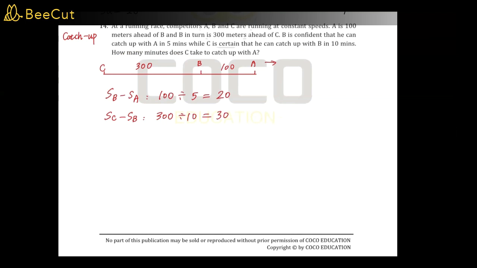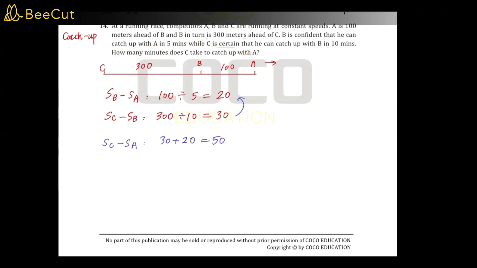So from these two, we know that speed of C minus the speed of A. This will be 30 plus 20. So C is 50 meters per minute faster than A. Now, the distance between A and C is 400.